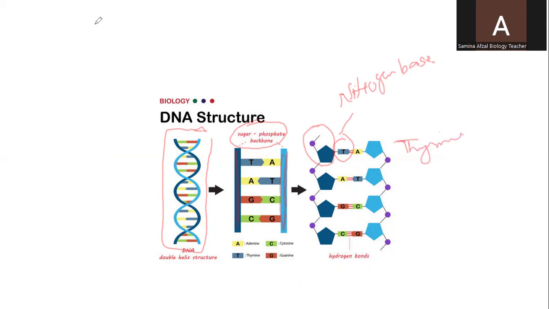Thymine always makes a bond with adenine and a double bond is formed between them. And if there is adenine, it will always join with thymine with a double bond. It means when thymine joins with adenine or adenine joins with thymine, there will be the formation of a double bond.